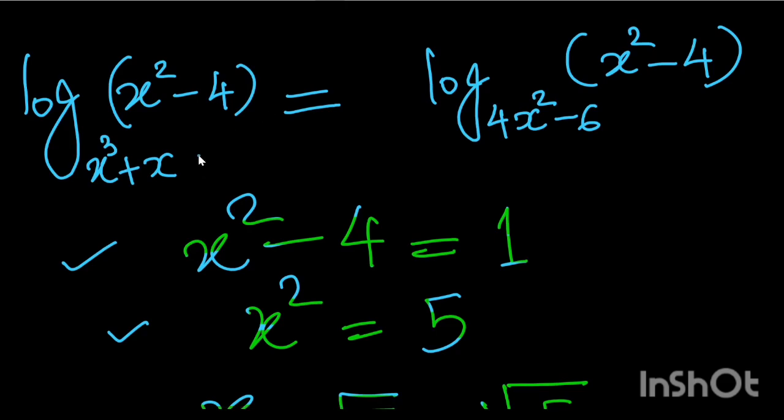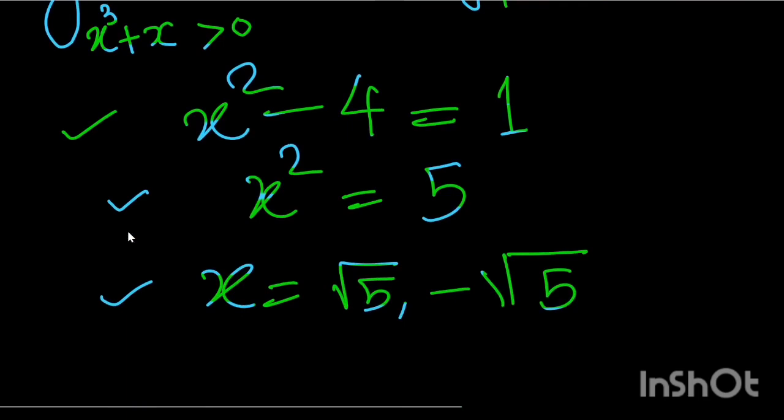So x cube plus x is one base and 4x square minus 6 is the other base. These two bases should be positive for whatever value of x we obtain. Since x square minus 4 is 1, that is already satisfied. So we must test x cube plus x greater than 0 and 4x square minus 6 greater than 0 for x equals root 5 and minus root 5.